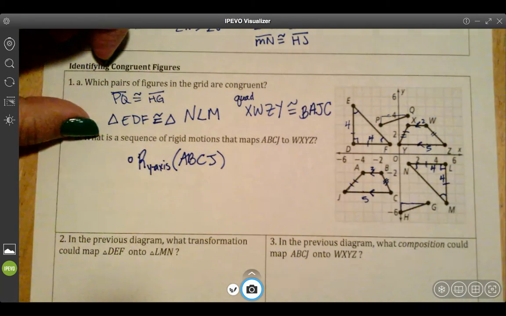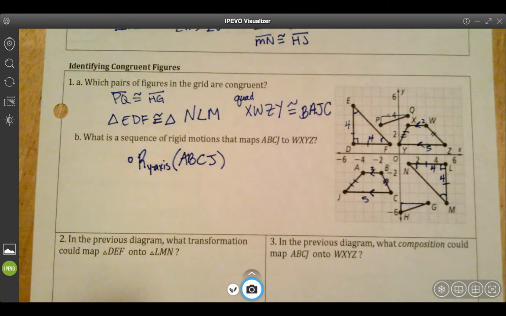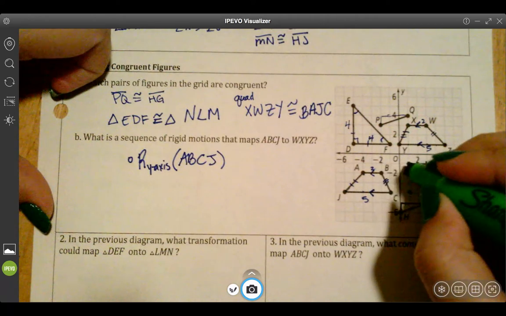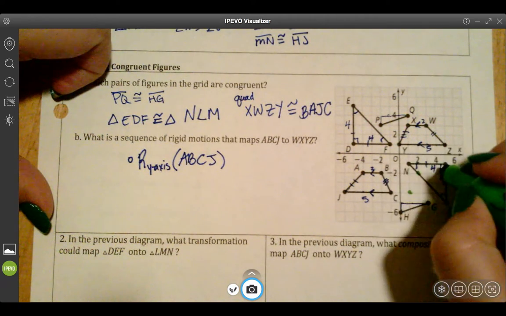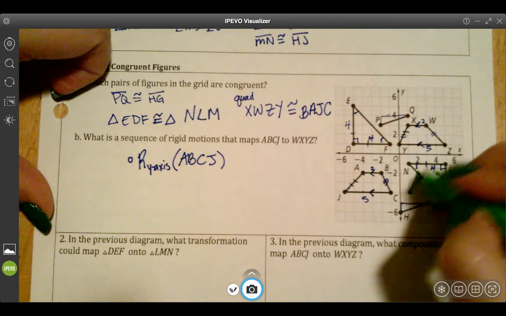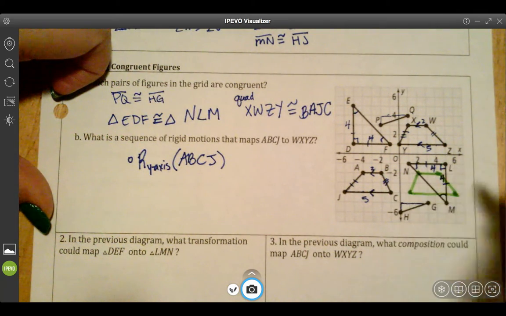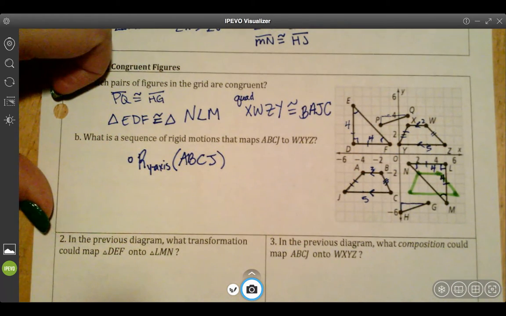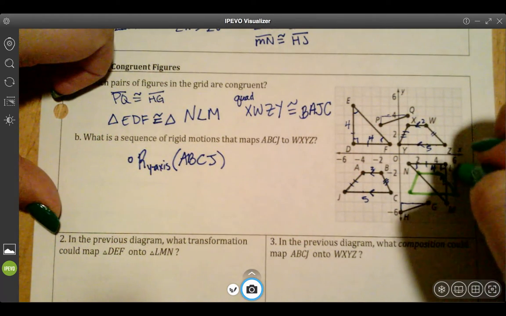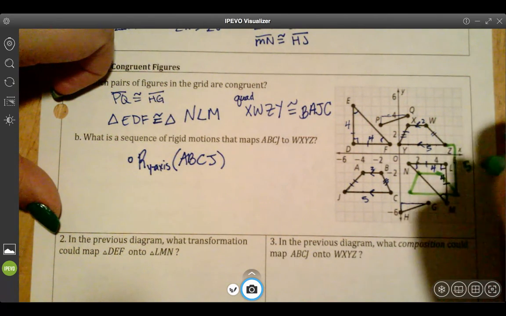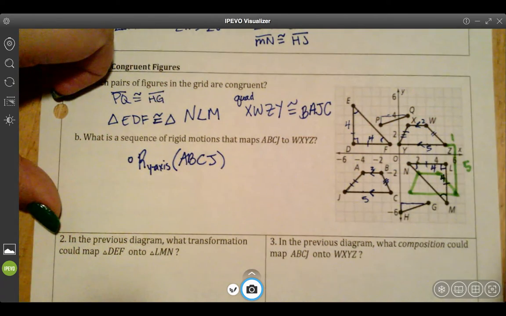So if I reflect this over the y-axis, and I'm going to switch colors, I get here C, B, A, J. And now I want to translate it onto our other quadrilateral there. So in order to translate this, I need to go up and over. That's up 5 and over 1.